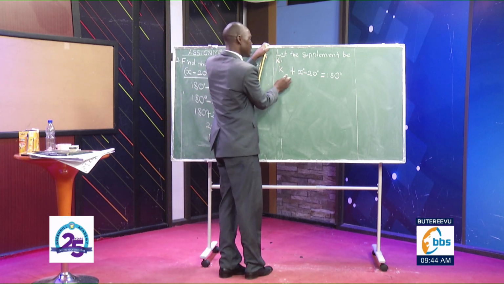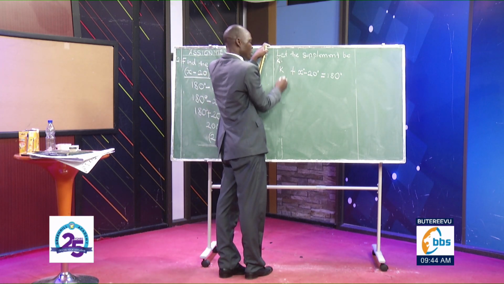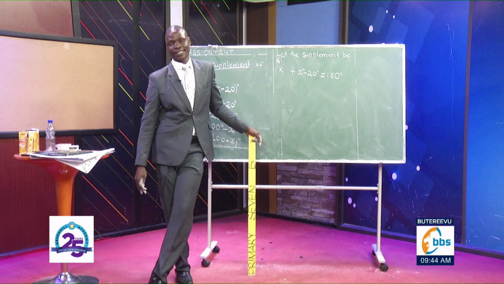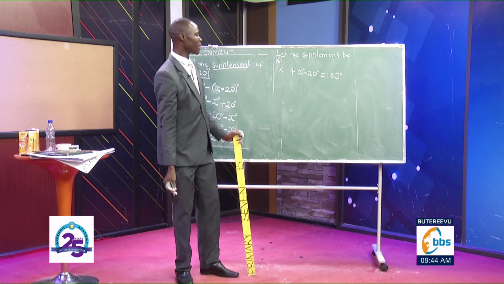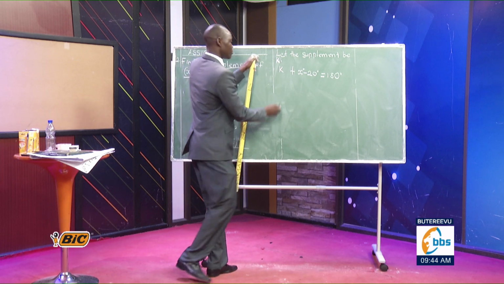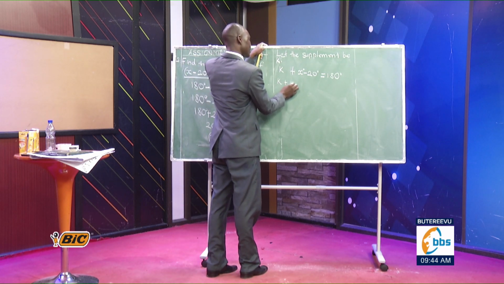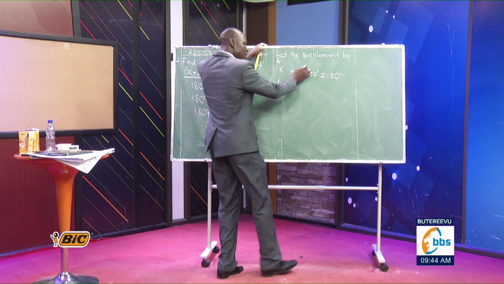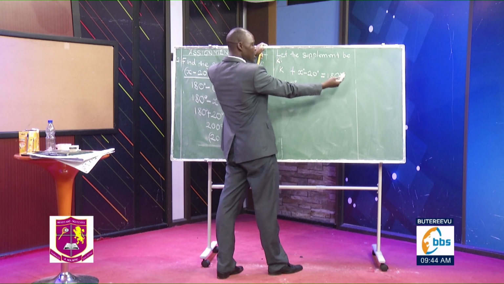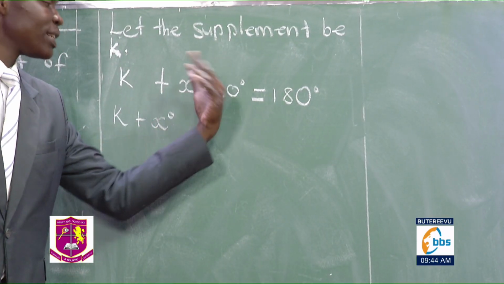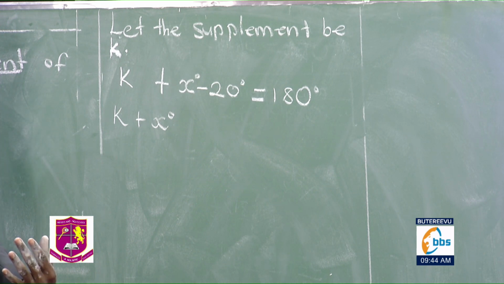So here we need the x. Some people say we need to make x the subject. But we can go slowly by collecting like terms. We can decide to first take this minus x to the other side, or you can keep x and first take this 20 to the other side.